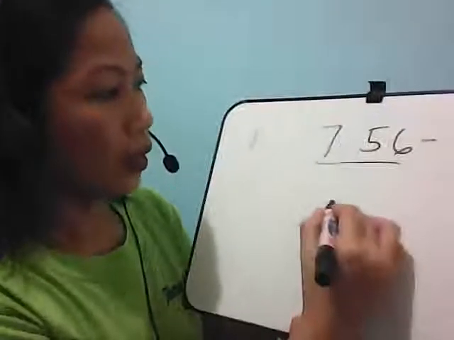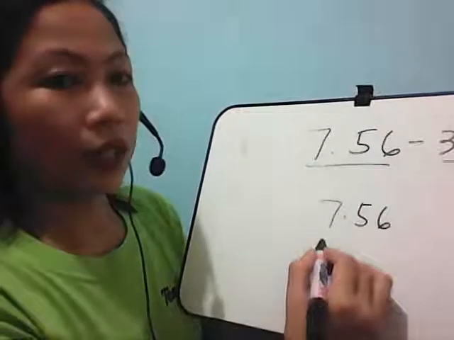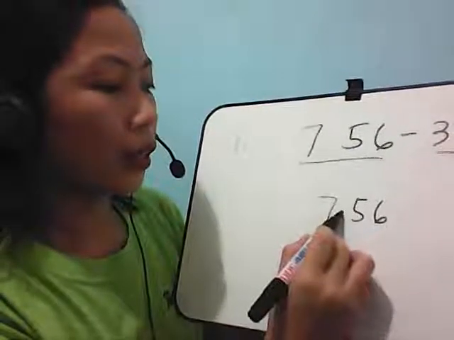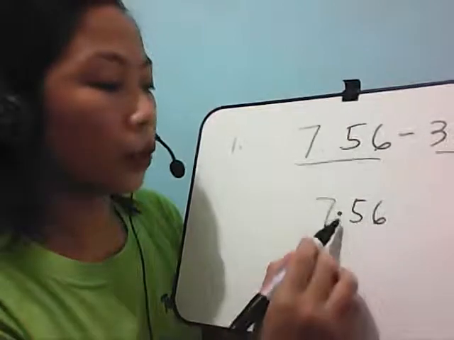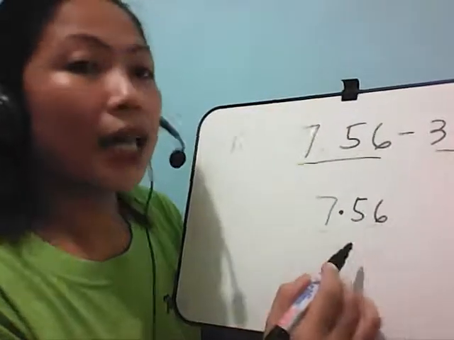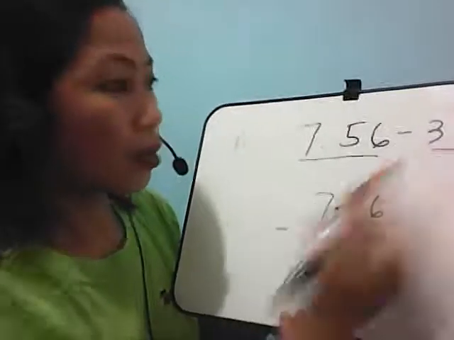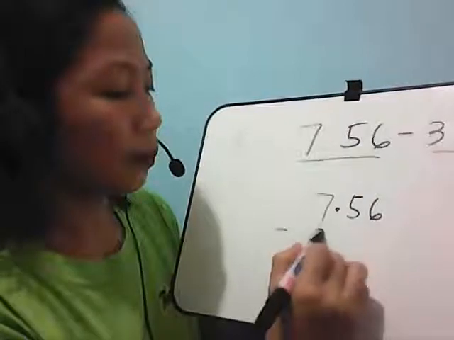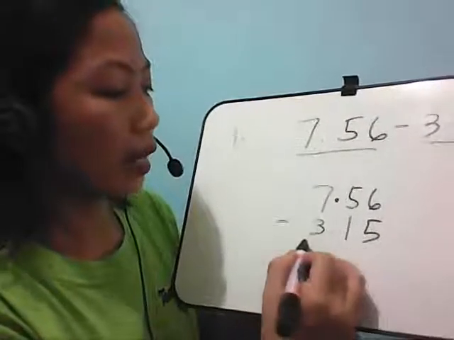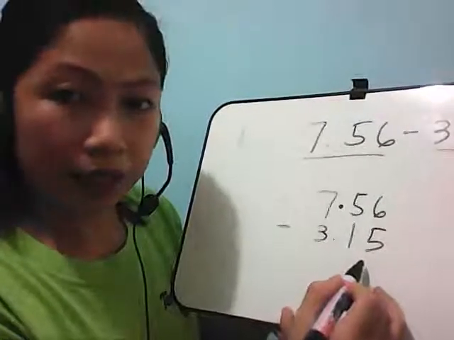So here, 7.56, or we read this as 7 and 56 hundredths. Okay. Then minus 3.15, or we read this as 3 and 15 hundredths.